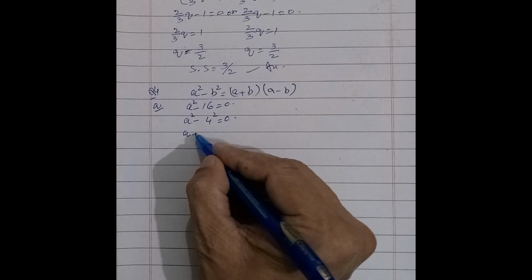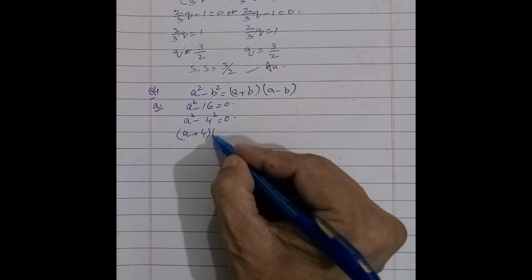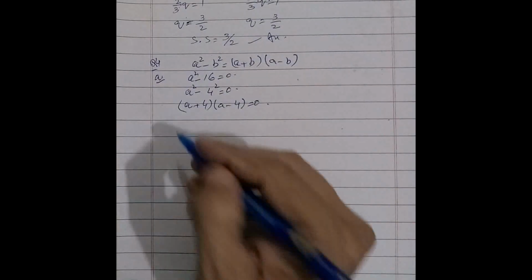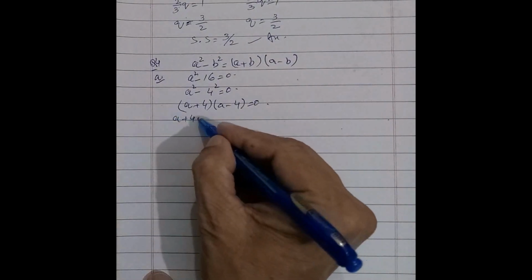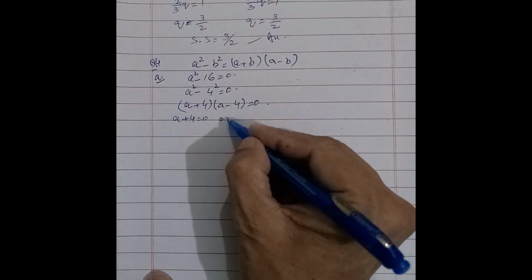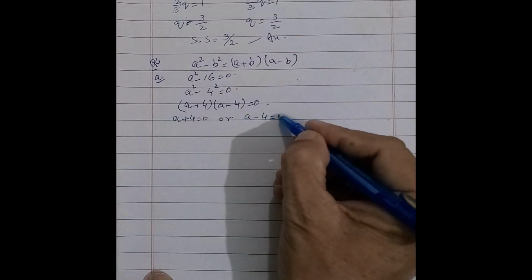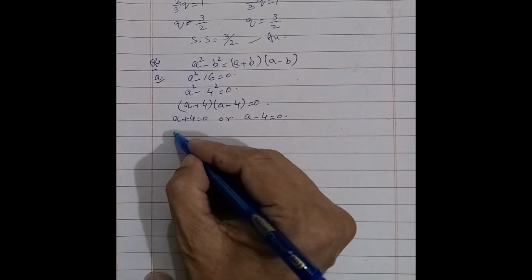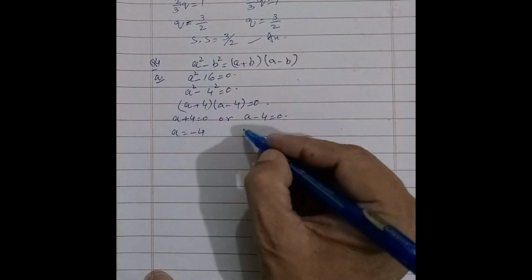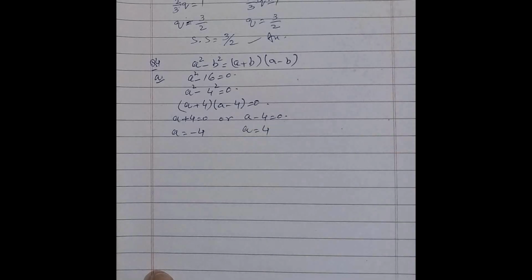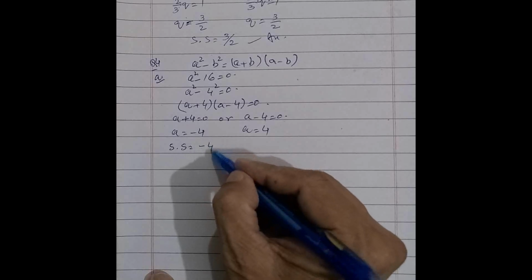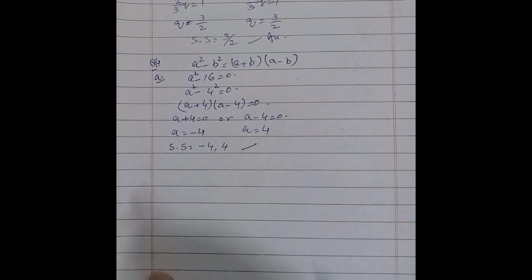The values are a plus 4 into a minus 4 is equal to 0, and the values are a plus 4 is equal to 0 or a minus 4 is equal to 0. Now we find the value of a. a is equal to minus 4 and a is equal to plus 4. So the solution set is minus 4 and 4, the answer of part A.